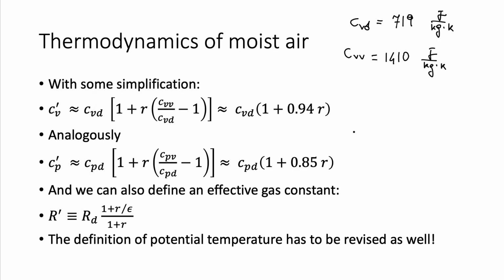And just giving you some numbers, CPD, this you will remember for a long time, I think, because it pops up many times: 1005 joules per kilogram per Kelvin. And CPV, again, you probably guessed, it's almost twice as much, 1870 joules per kilogram per Kelvin.